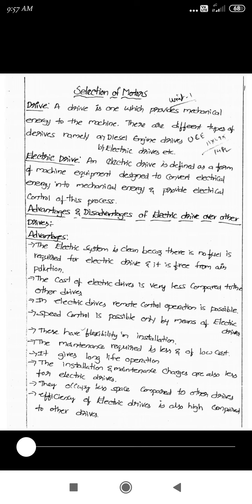Each one should be concerned with the motor as well as the motor output. The motor output is regardless of the input, so you can take the output directly. Okay, this is about our first unit.